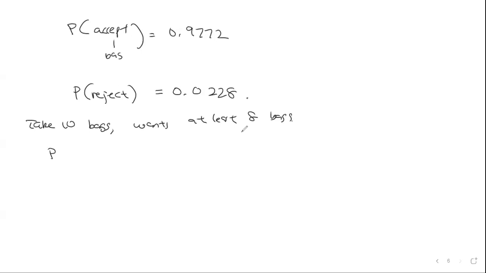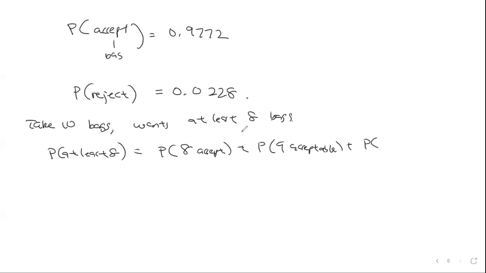So probability of at least 8 equals the probability of 8 acceptable plus the probability of 9 acceptable plus the probability of 10 acceptable. And each of these is basically just a binomial. You can treat this as your P for accept, Q for reject.